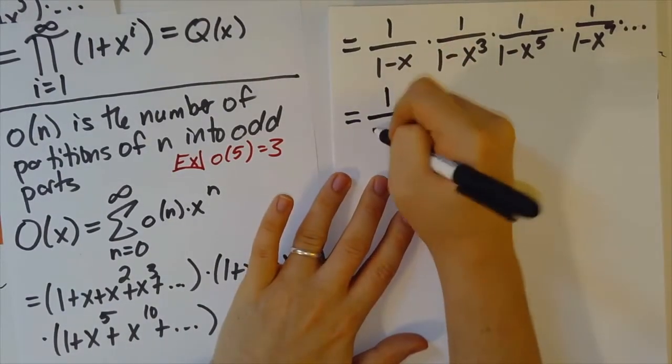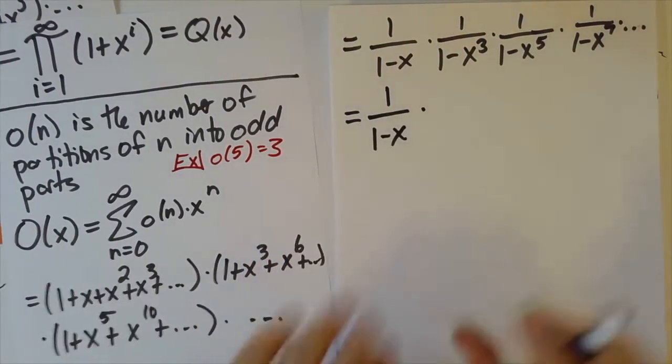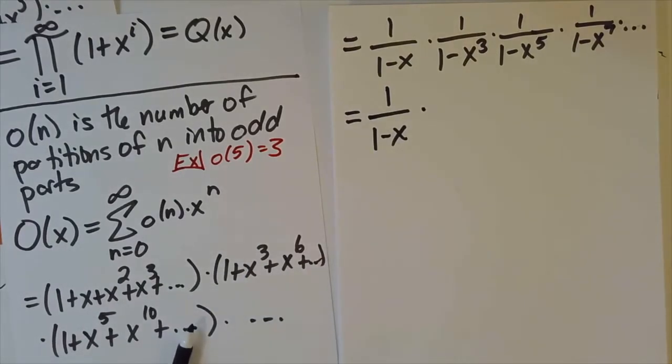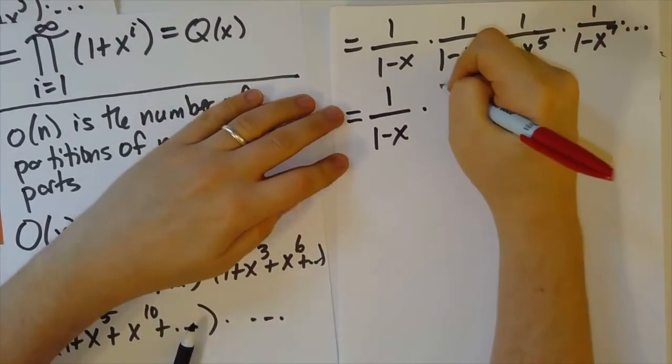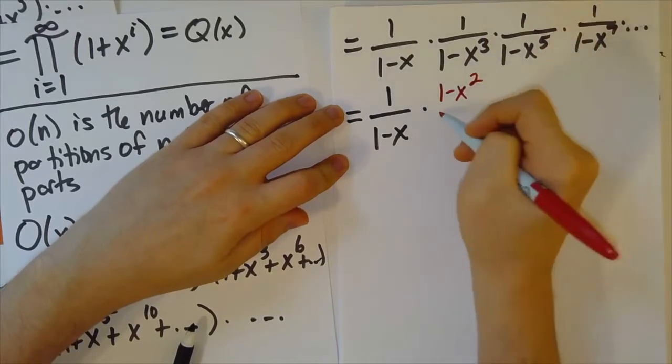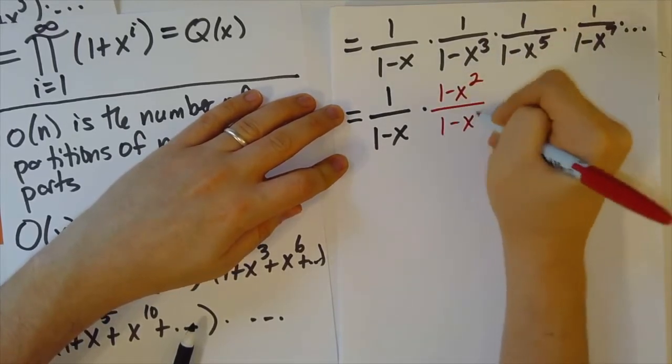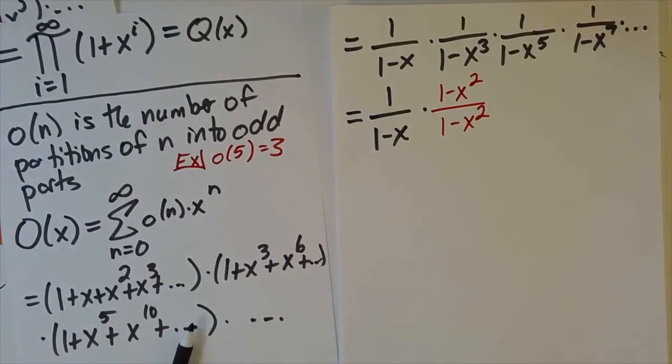So, of course, I can't just add them. So I'm going to add in a 1 minus x squared in the denominator by also putting a 1 minus x squared in the numerator.